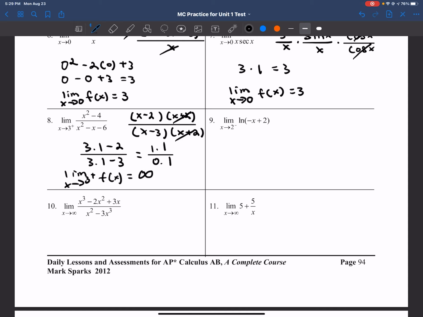For number 9, we don't know what ln is, but we could do this.